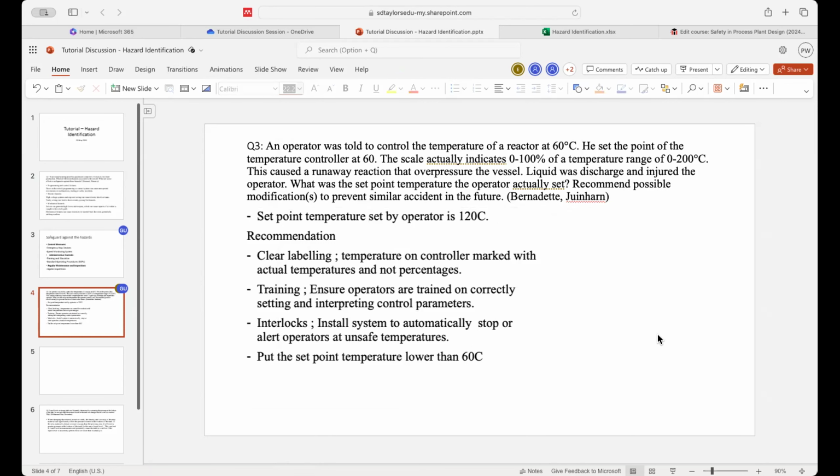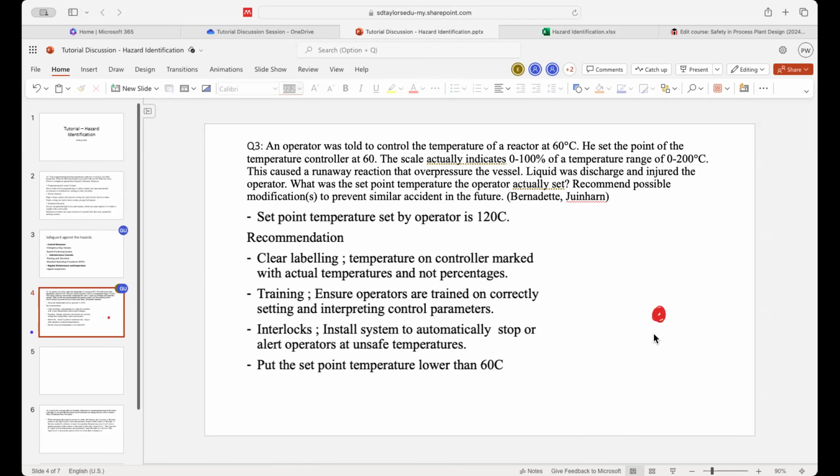Okay, so you can see this operator was told to control the temperature of a reactor at 60 and he set the controller at 60. So what happened is that, let's say there is an indicator here, let me just draw. 0 to 100.